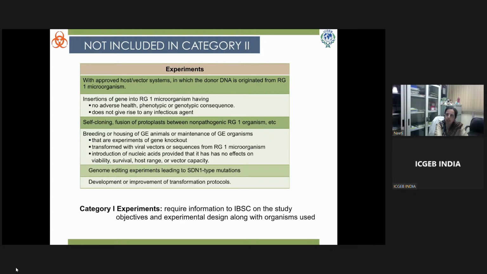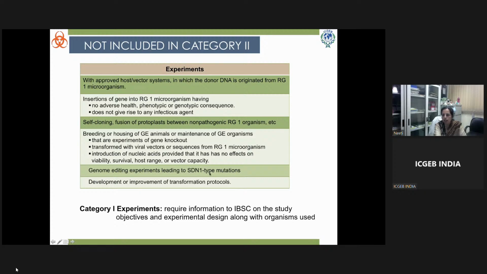The self-cloning vectors, fusions of protoplasts between non-pathogenic organisms, breeding animals, even if they are genetically engineered animals, maintaining or housing them, then specific animals which do not contain any pathogenic determinant can be handled under biosafety level 1 containments.